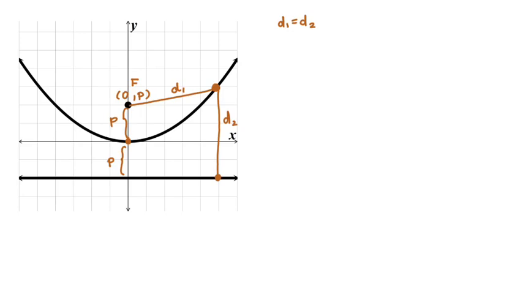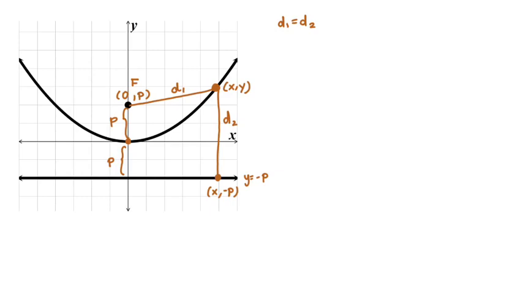How are we going to do that? Well, I am going to use the distance formula here. I'm going to call this point that we picked on the parabola (x, y). I know that the directrix has the equation y equals negative p. If our vertex is sitting at (0, 0), we go p up to get to the focal point, and we go p down to get to the directrix. That makes this point (x, negative p).